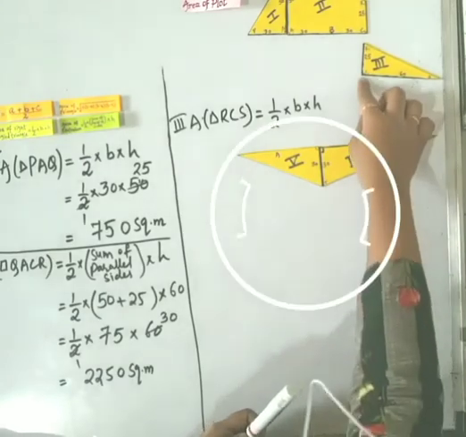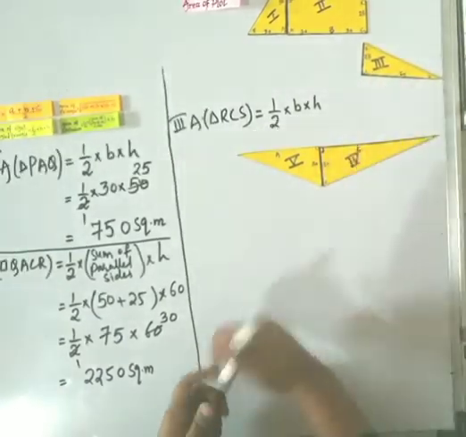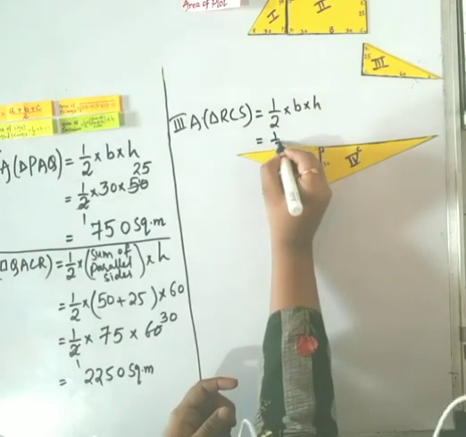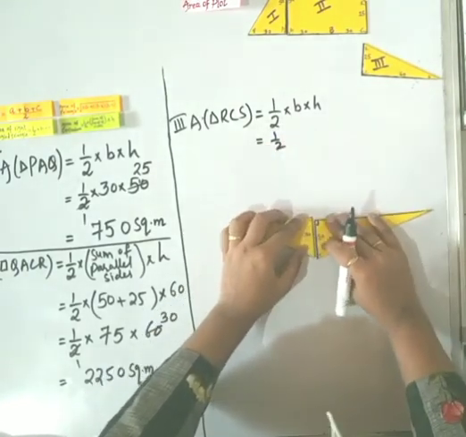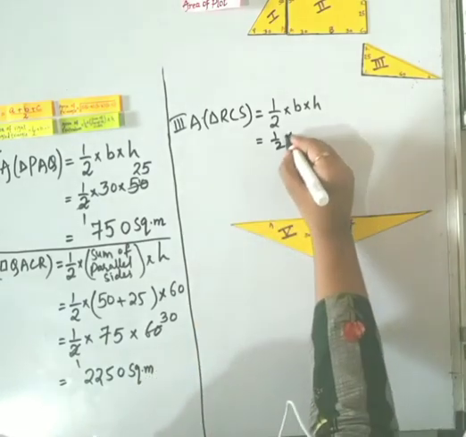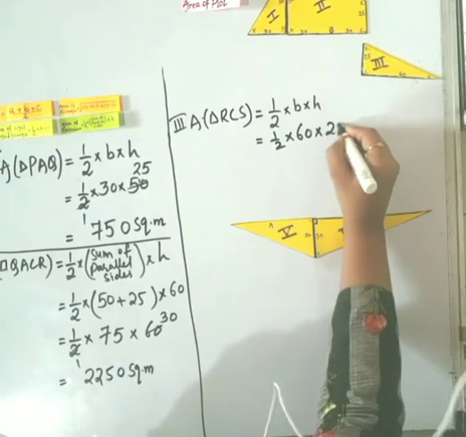Okay, so here CS would be base and RC would be height. So 1/2 into base is 60 into height is 25.